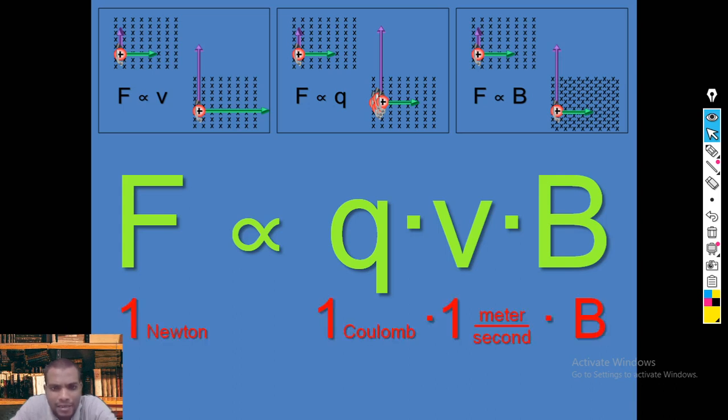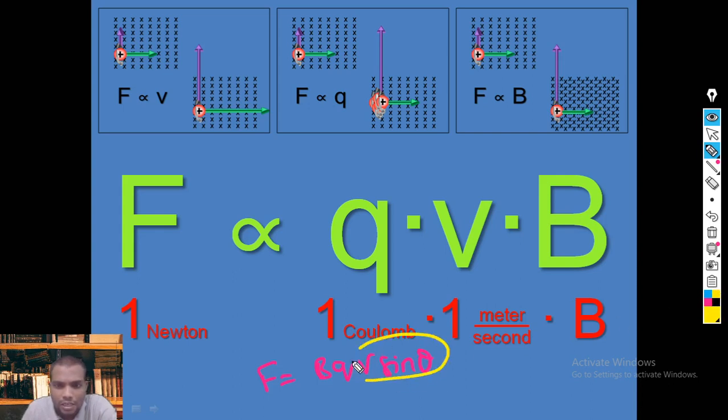It's only in terms of magnitude. Suppose 1 Newton force is acting on 1 coulomb of charge which is moving with a velocity of 1 meter per second. So everything is 1, 1, 1. From this formula I can write F equal to BQV sine theta.